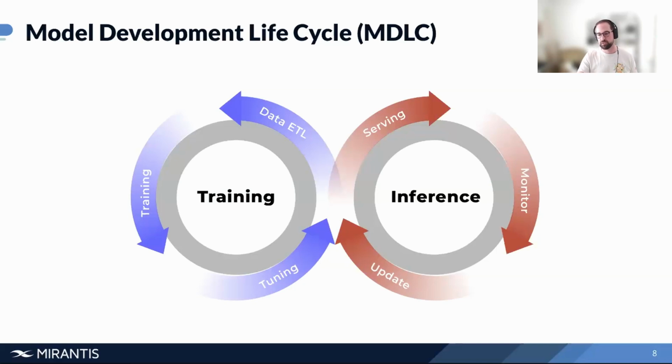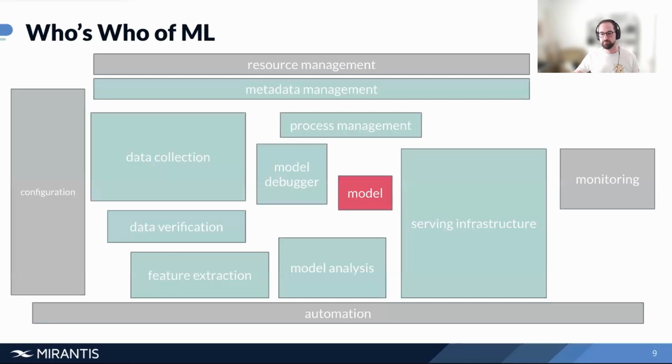Because if you think about all the different tasks I've just mentioned in the last 3 slides, you can see here what is actually needed. The model in this illustration is just a very tiny bit. It is the most important one, of course, but it's a very tiny bit.